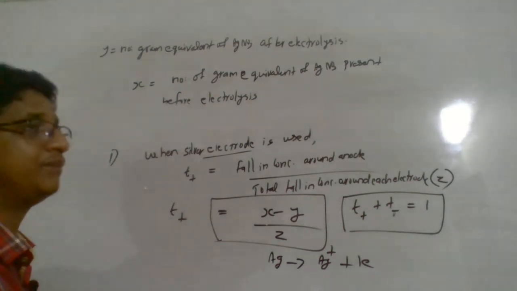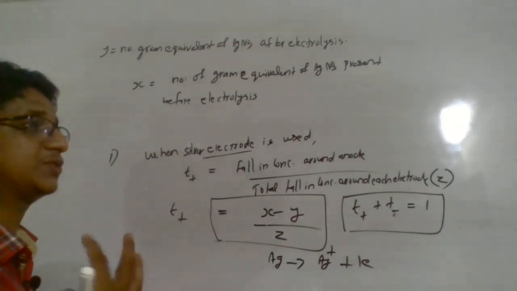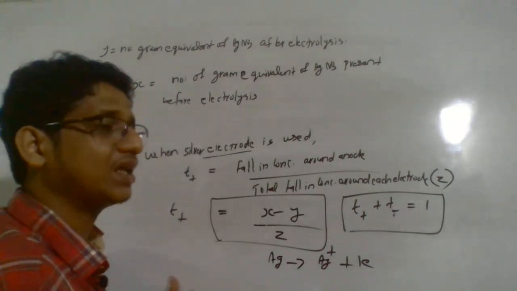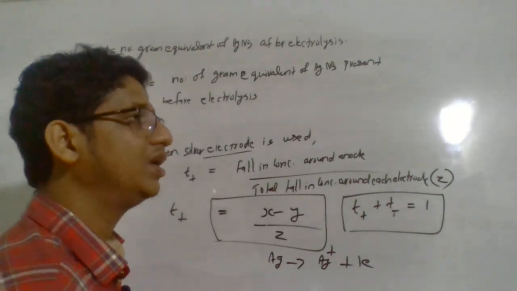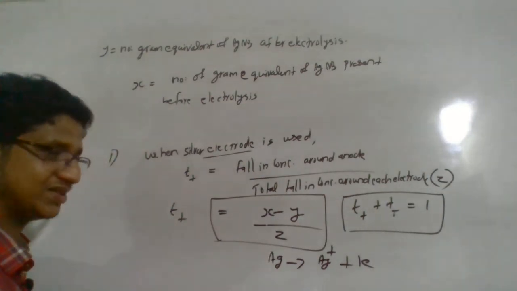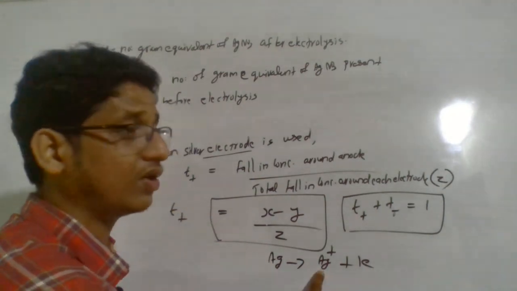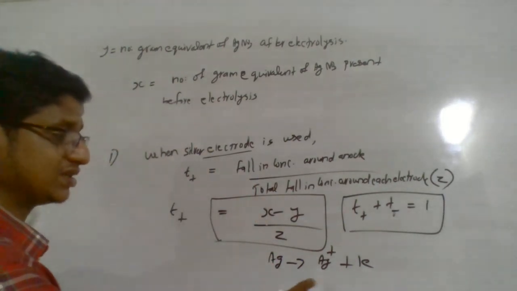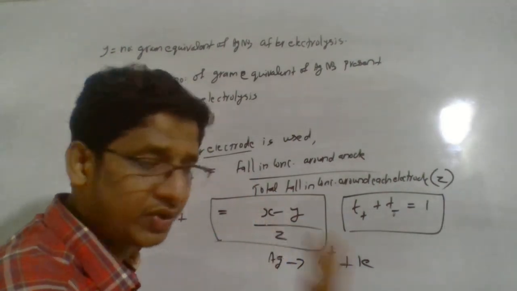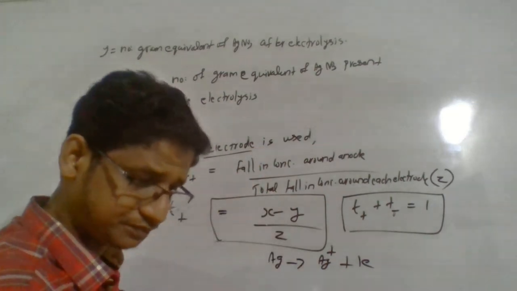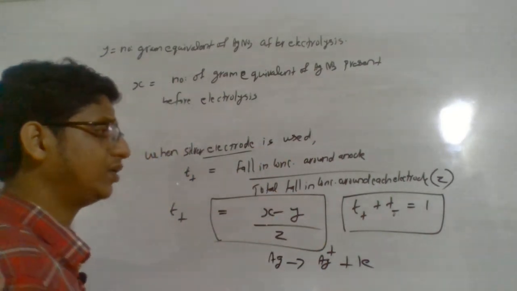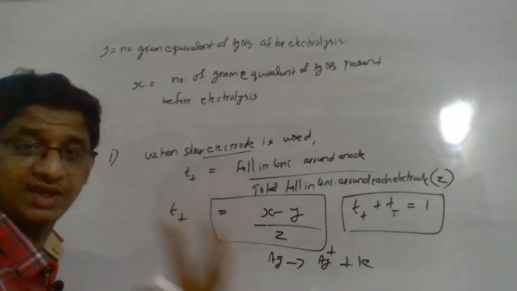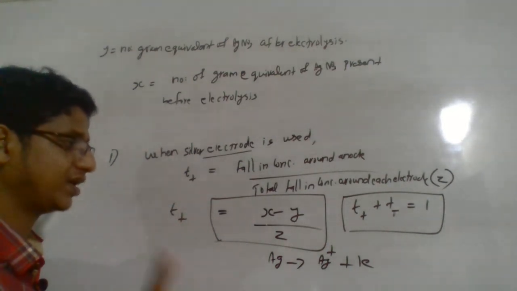We are expecting a decrease in concentration around the anode because cations are moving to the cathode, but now around the anode you can see a slight increase in silver ions after electrolysis, because new silver ions are produced from the silver electrode. So that's a point the student has to remember.